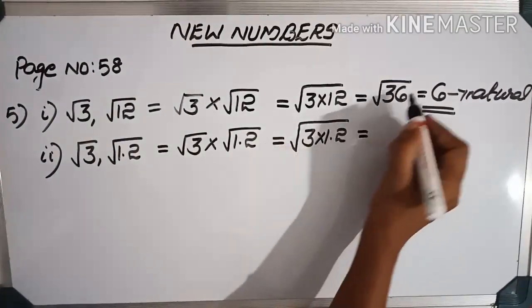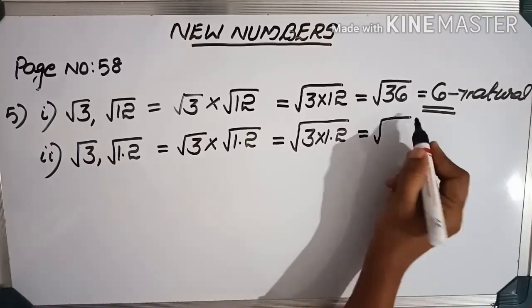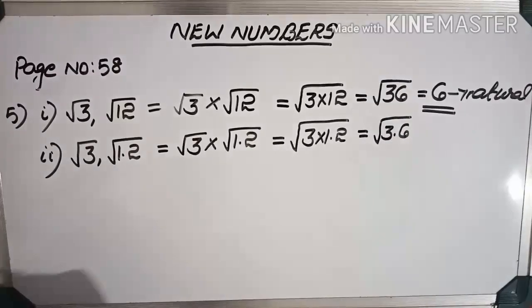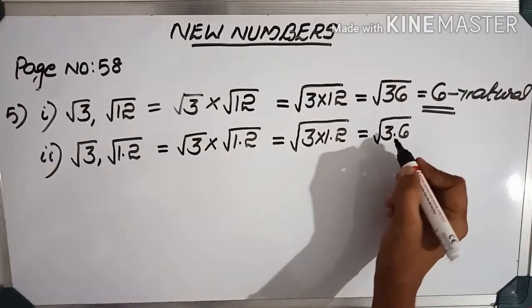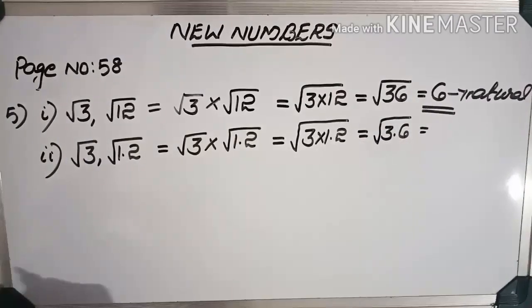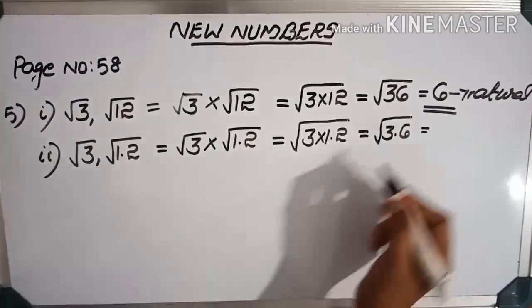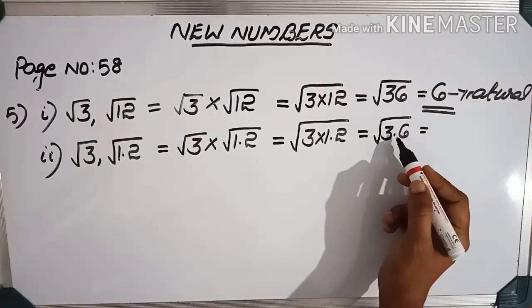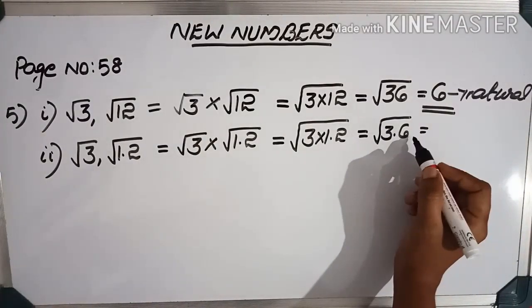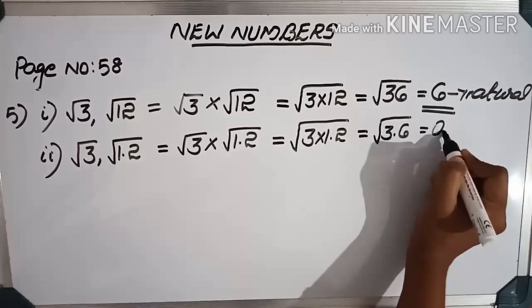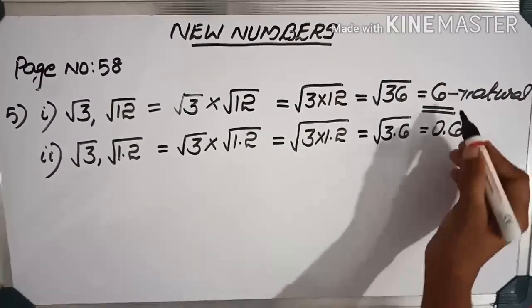Okay, so product is the same, only change comes in point. 3.6. Okay, so here we got the answer as 3.6. Now root of 3.6. What is 3.6 root value? Here answer is 6, here answer is 0.6. Now root value of root of 3.6 is 0.6, not 6.